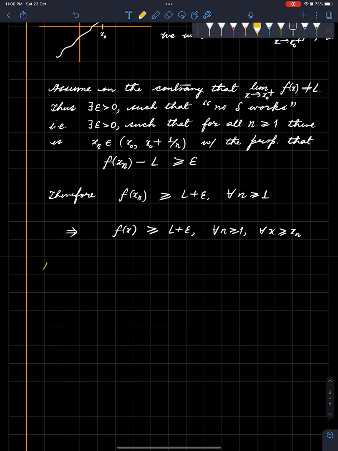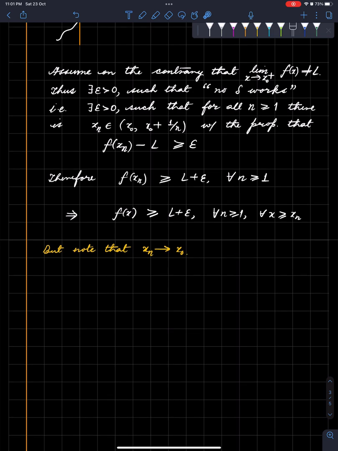Note that xn converges to x0. And the reason is very simple, because here is x0, here is x0 plus 1 by n, and xn is somewhere in between the two. So xn is at most 1 by n away from x0, so it is coming closer and closer to x0, and hence it converges to x0.